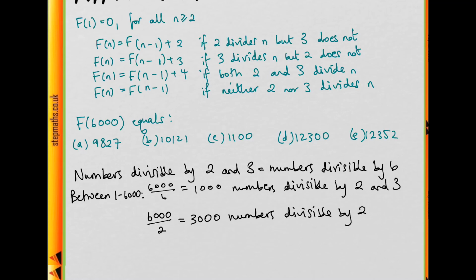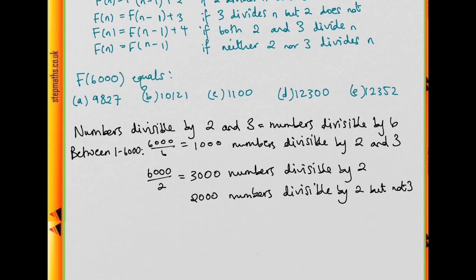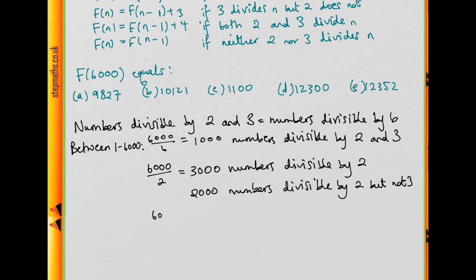And so if we wanted the ones that were divisible by 2 but not by 3, then we'd have to take off this 1,000. So that will leave us with 2,000 numbers. And for those numbers divisible by 3, we're going to have 6,000 divided by 3 equals 2,000. And if we want the ones that are divisible by 3 but not by 2, then we're going to have to take this 1,000 off again. So that's going to leave us with a total of 1,000.